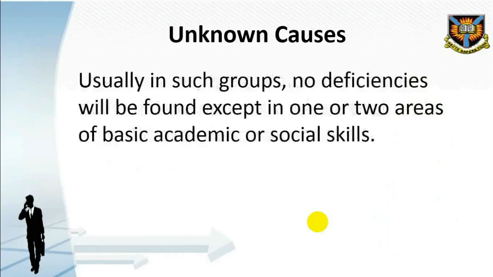Usually in such groups, no deficiencies will be found except in one or two areas of basic academic or social skills. Note, the causes of learning disabilities have no direct relationship with their intervention. Thus, it is only a minute part of identification procedures.